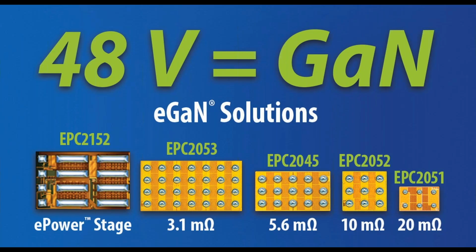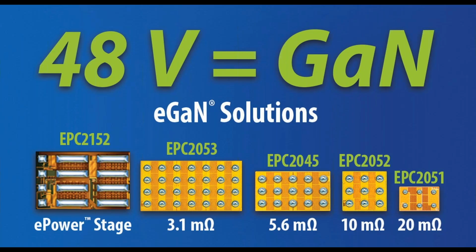That improvement results in smaller size and lower cost, or lower RDS(on) in the same size. Additionally, the figure of merit RDS(on) times gate charge, or QG, is also 5 times better than silicon, resulting in lower losses. Finally, zero reverse recovery and less switching losses allow an increase in frequency for higher power density solutions.